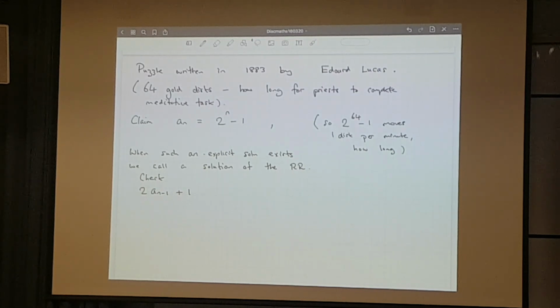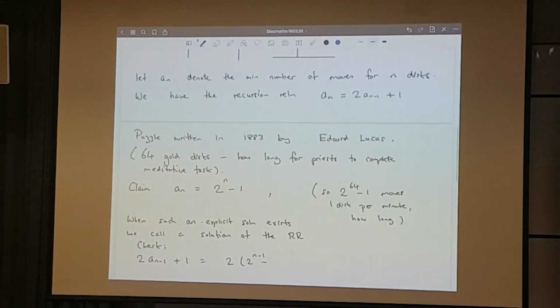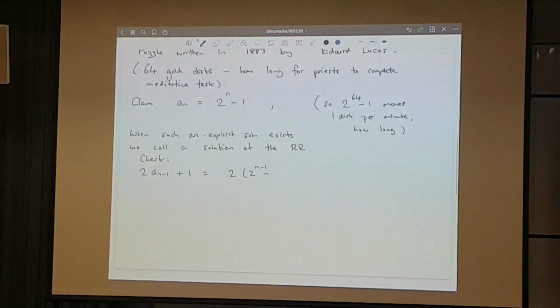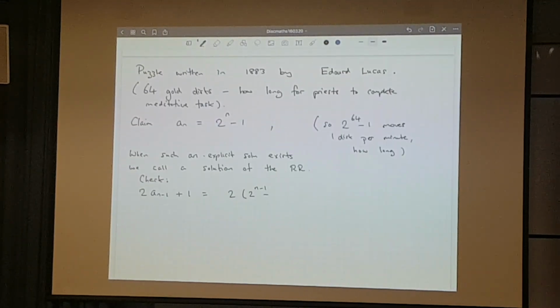This is 2 times 2 to the n minus 1, minus 1. That's where we're plugging into the recursion relation.